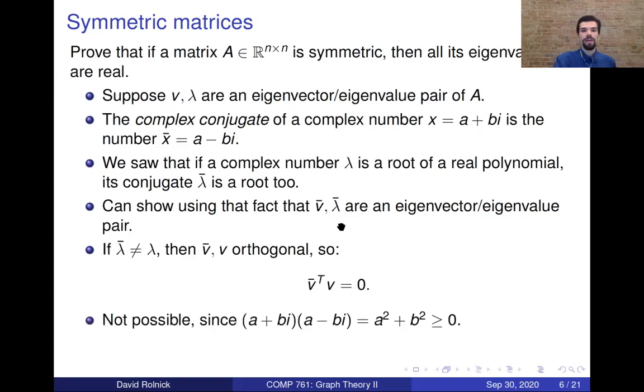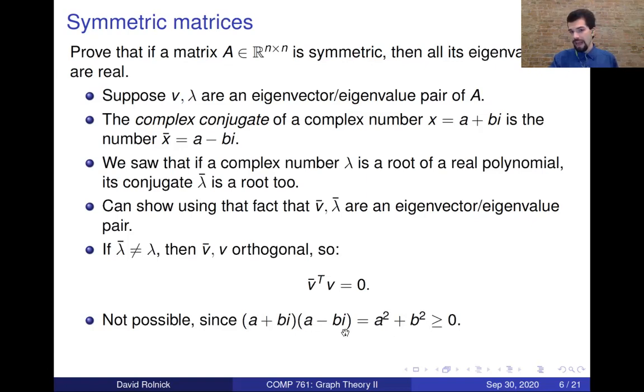No, it can't be. And that's because if we take the dot product of a complex vector with its conjugate, we're going to end up with the product of a complex number and its conjugate. Even though we didn't talk about norms of complex numbers, if you multiply a complex number and its conjugate, a plus bi times a minus bi, you get a squared plus b squared.